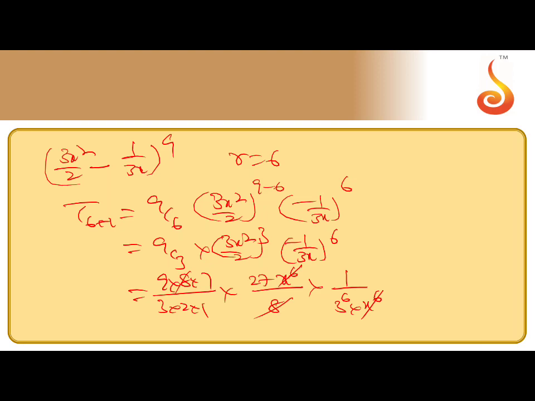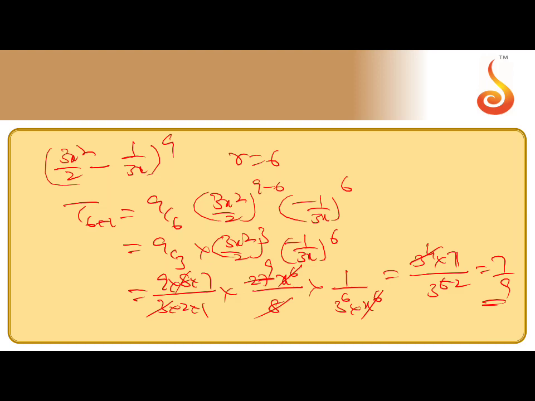Next, 8 cancels. So what is left here? 27 can also cancel. 3 ones, 3 nines cancel. So 9 into 9, that is 3 power 4. That is 3 square, 3 square, 3 power 4. This value gives 3 power 4 into 7 by 3 power 6. So this also cancels twice. 7 by 9 is the answer. I hope everyone understands. It is just simplification only.